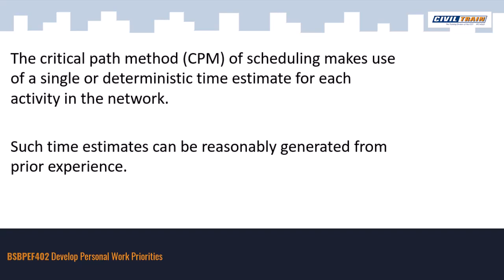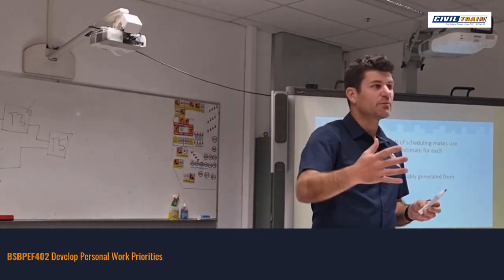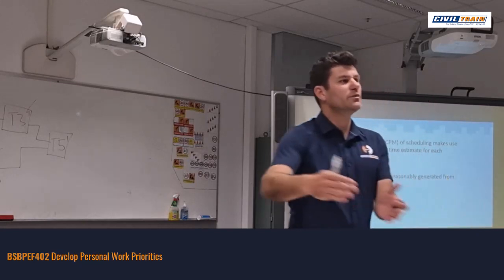A lot of the time with the critical path method, if I talk about that concrete slab on ground, naturally in your head, if you've done that activity previously, you already put it in the critical path. You already know you have to put the formwork in before you put the mud in.